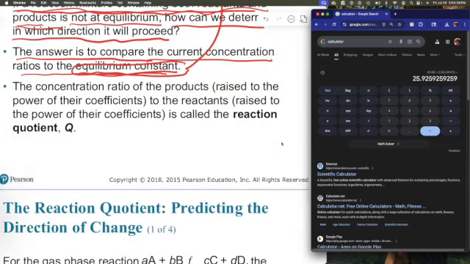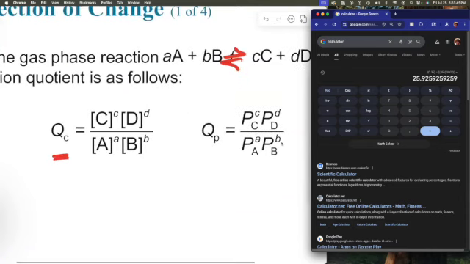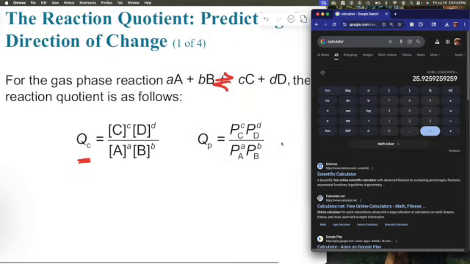I already showed you guys that. For this generic reaction, for concentrations, our reaction quotient formula is the same as the equilibrium constant expression. Same thing with pressure.